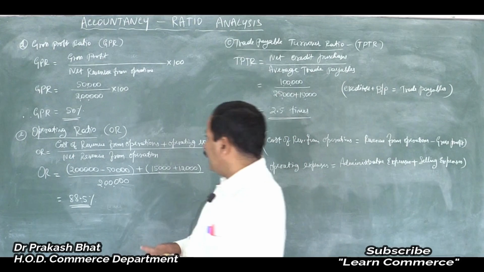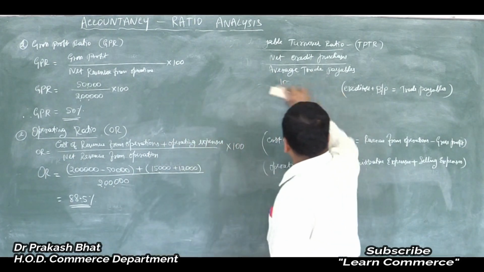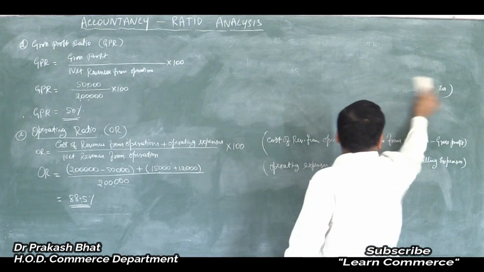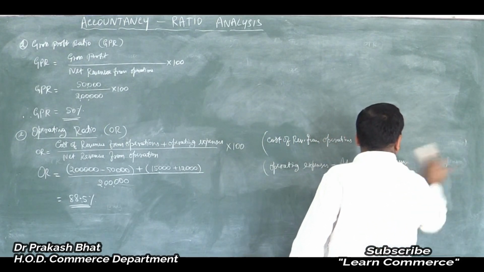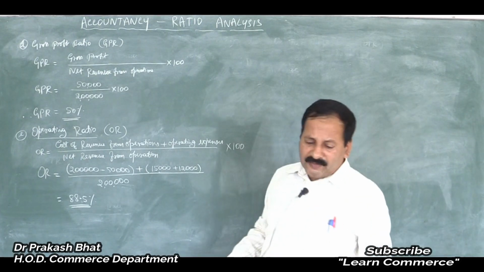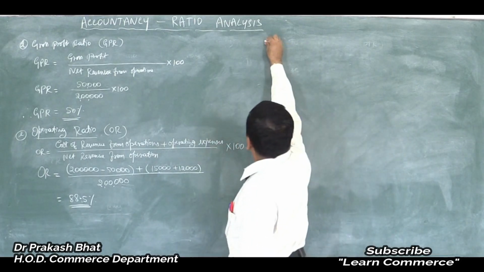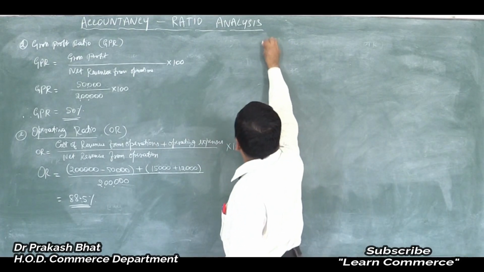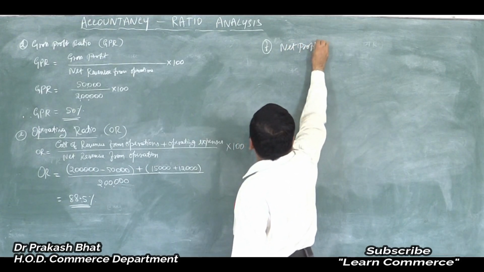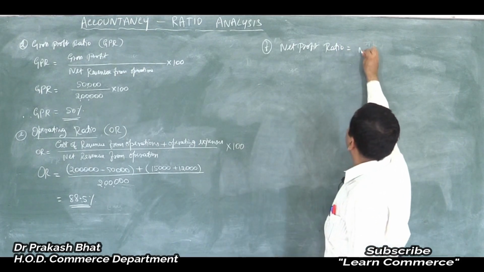Now moving on to the last one, that is net profit ratio, right? I will take it up here. Net profit ratio, very simple. Net profit is the sixth one, F. Net profit ratio, that is NPR.